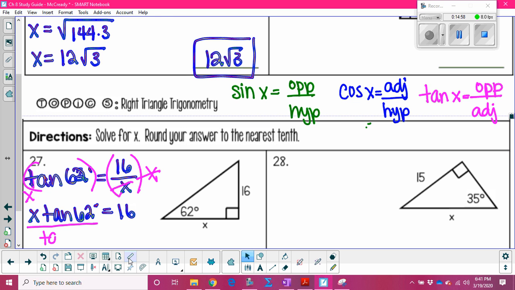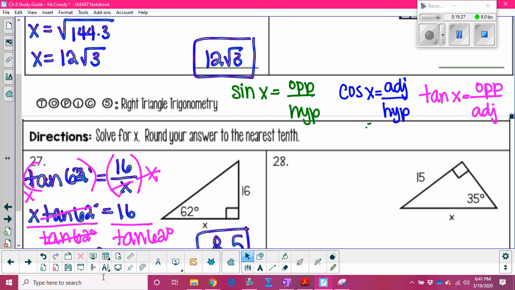So I'm going to divide both sides by the tangent of 62 degrees. So you end up with x equals, and you put this in your calculator, and we have to round to the nearest tenth, so we get 8.5.